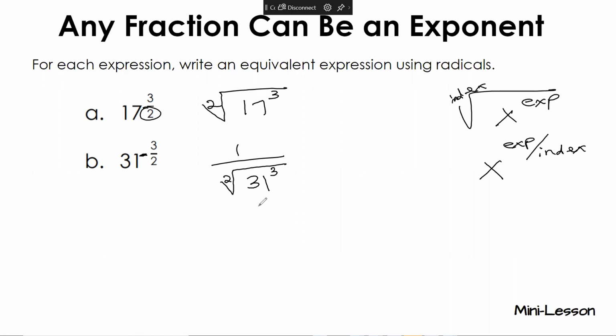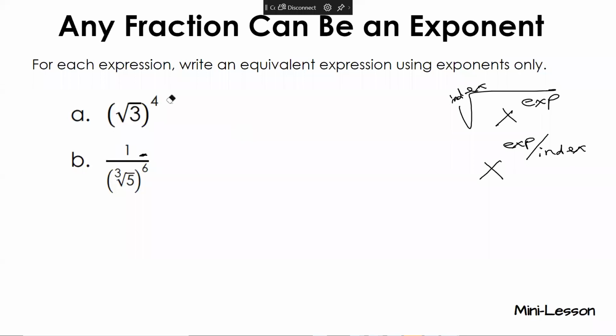Cubed. Yep. Just backwards. So you're going to write this in an exponent form. Or I'm sorry, in a rational exponent form.